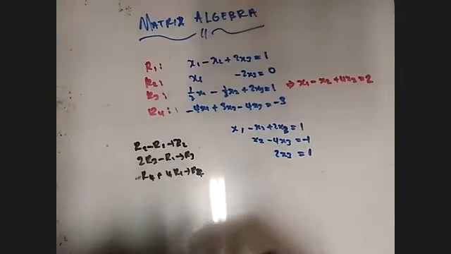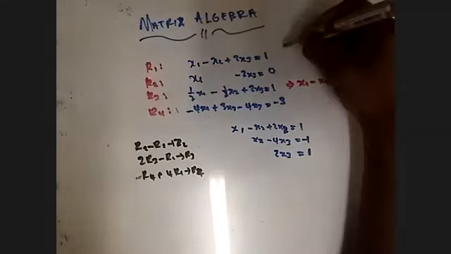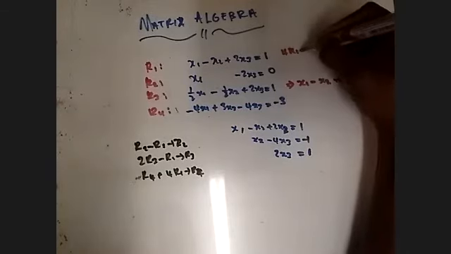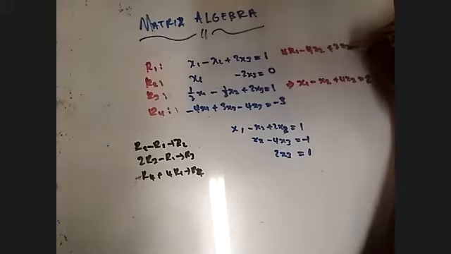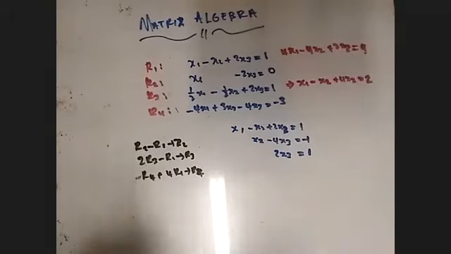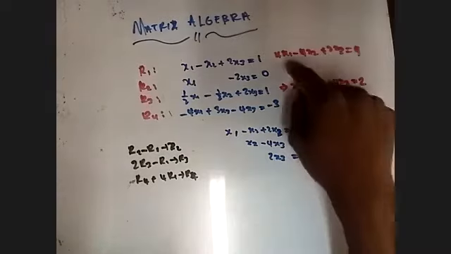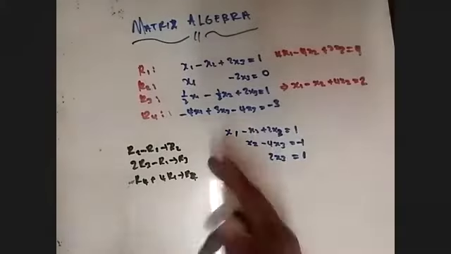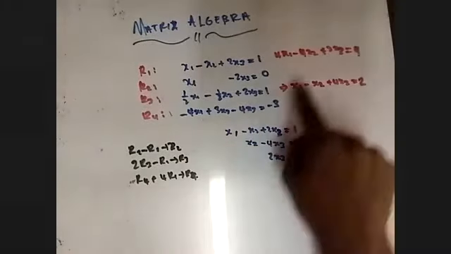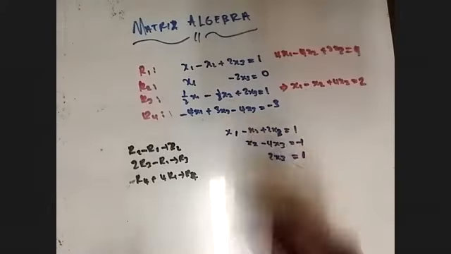Okay, so let us do the last one. The last one we said we are multiplying R1 by 4. So it becomes 4x1 minus 4x2 plus 8x3 is equal to 4. So I said we're going to add the 2. So it becomes minus 4x1 plus 4x1, this plus that becomes 0. 4x2 minus 4x2 plus this one becomes minus x2.